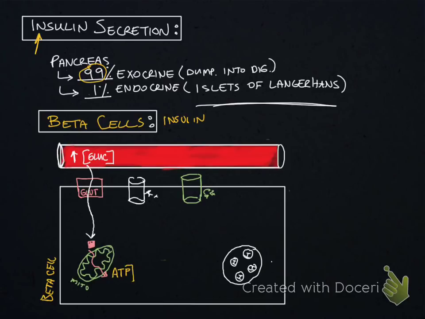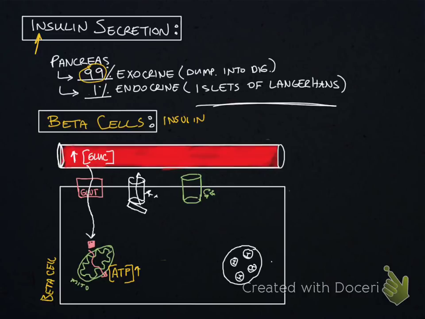And as concentrations of ATP increase, that's going to change our leaky potassium channels here. Okay, so right now they're leaking potassium.